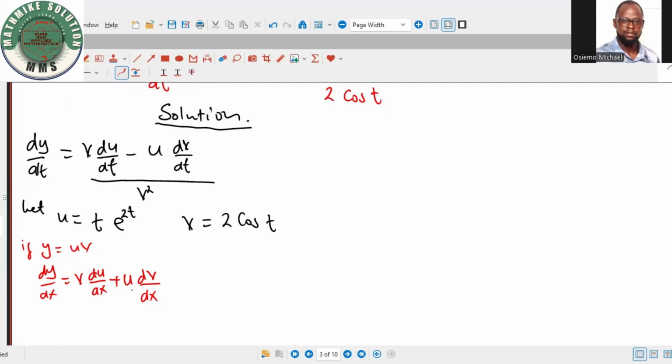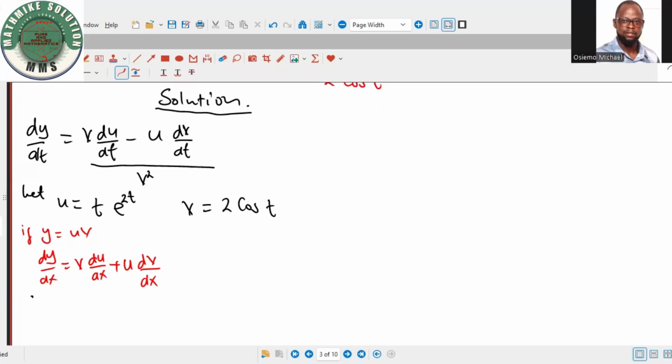So for the du/dt, we first of all hold t, we don't differentiate, then we differentiate exponential 2x. The derivative of exponential ax is a exponential ax.